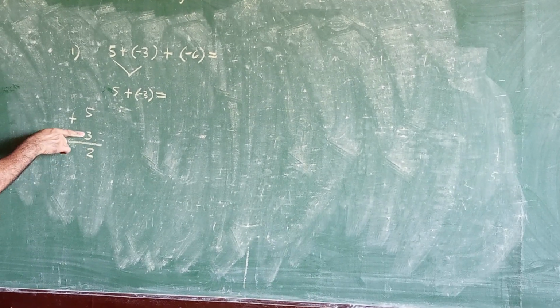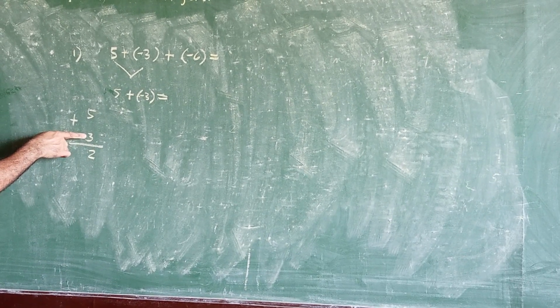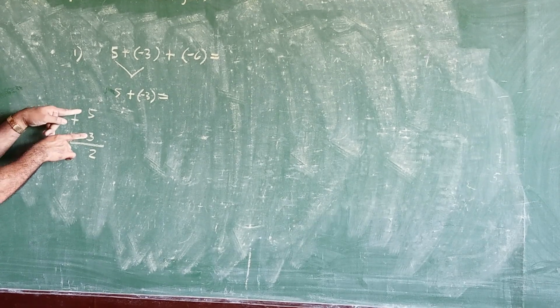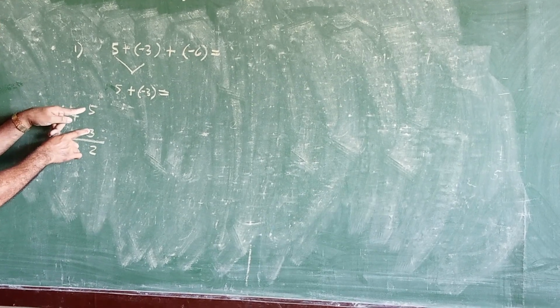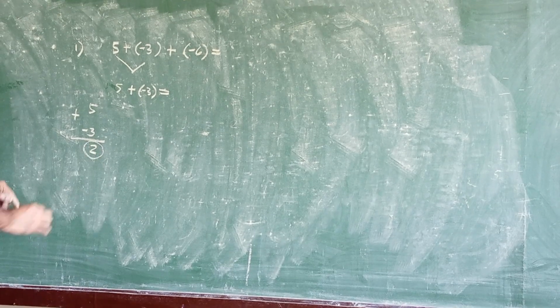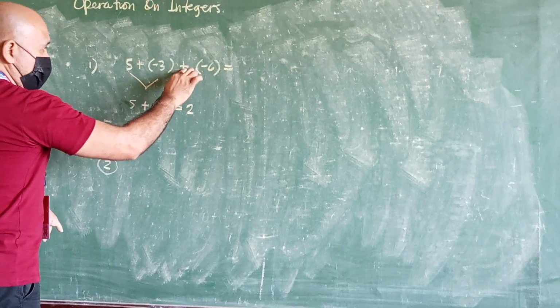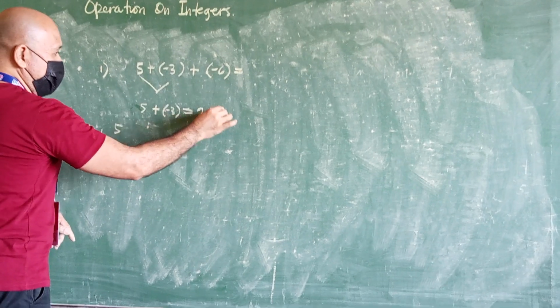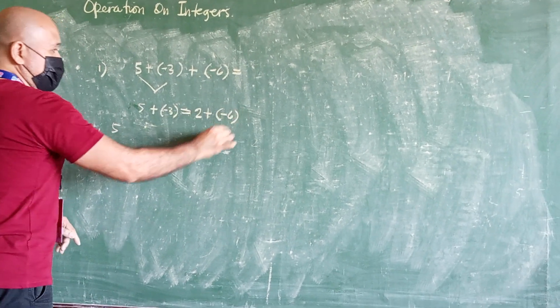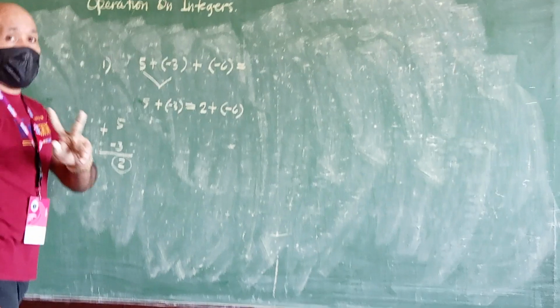And when you cover this one, you see the number that has bigger absolute value is 5. Since its sign is positive, the answer is positive, that is positive 2. And then bring down plus, and then bring down negative 6. So that means by pair.